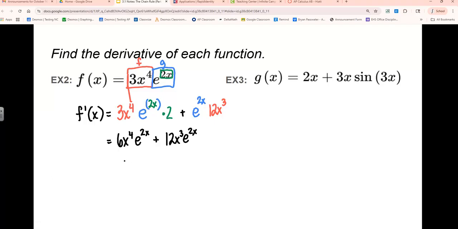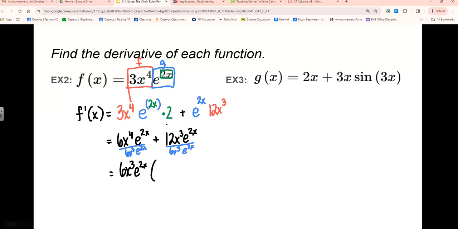So you could take out a 6x to the 3rd e to the 2x. So lots of things could be factored out. If you do that, remember it's like you are dividing both of these by 6x to the 3rd e to the 2x.